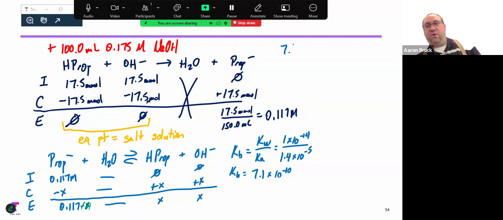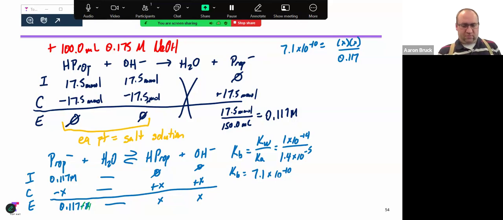So we're setting up 7.1 times 10 to the negative 10th is equal to X times X over 0.117. 7.1 times 10 to the negative 10th multiplied by 0.117 is 8.3 times 10 to the negative 11th.